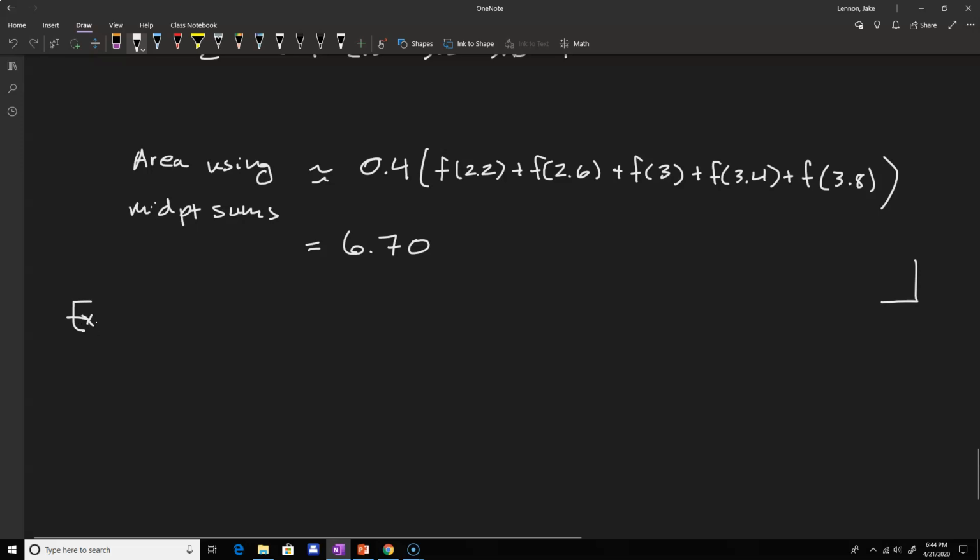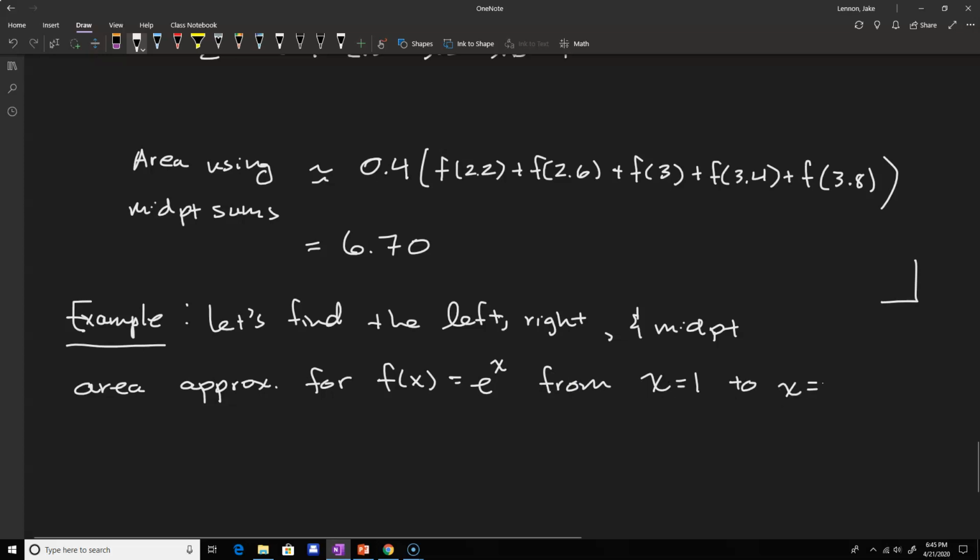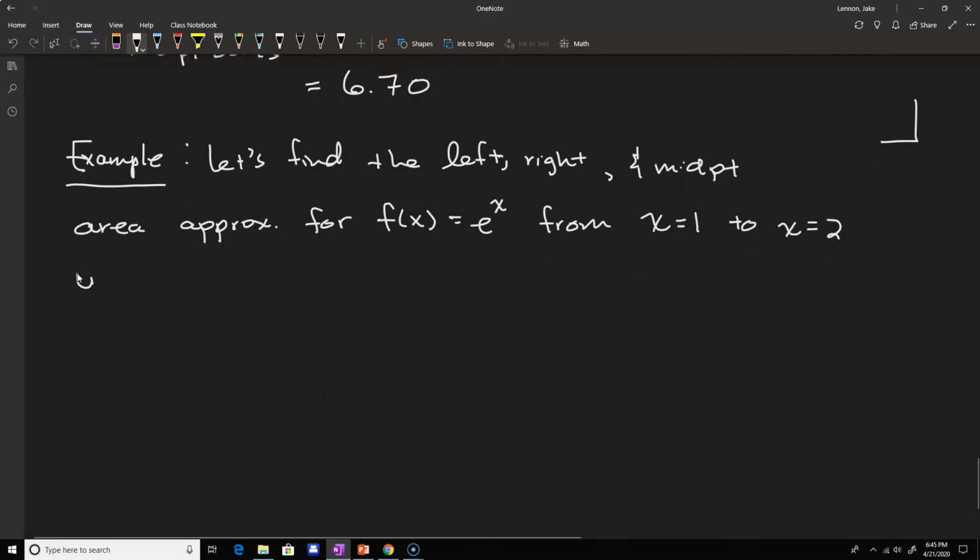So example, let's find the left, right, and midpoint area approximations for f of x equals e to the x from x equals 1 to x equals 2 using 4 rectangles.